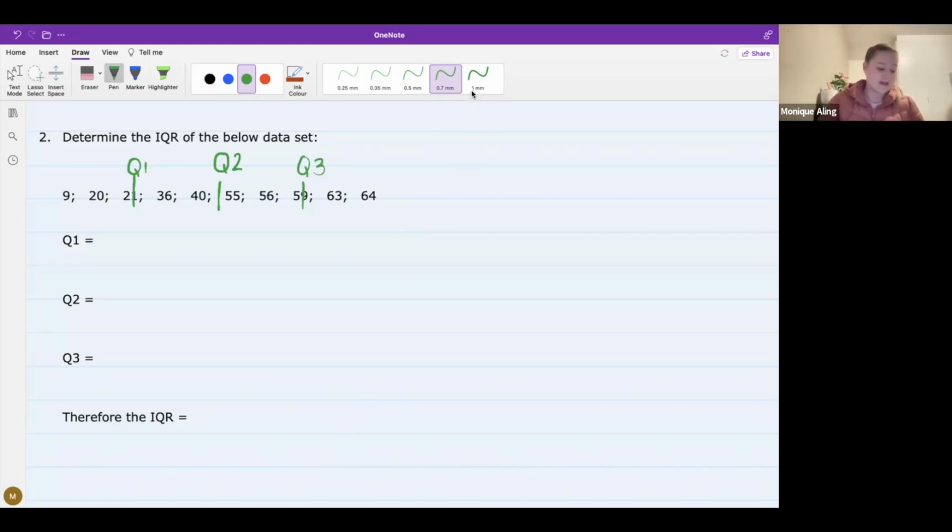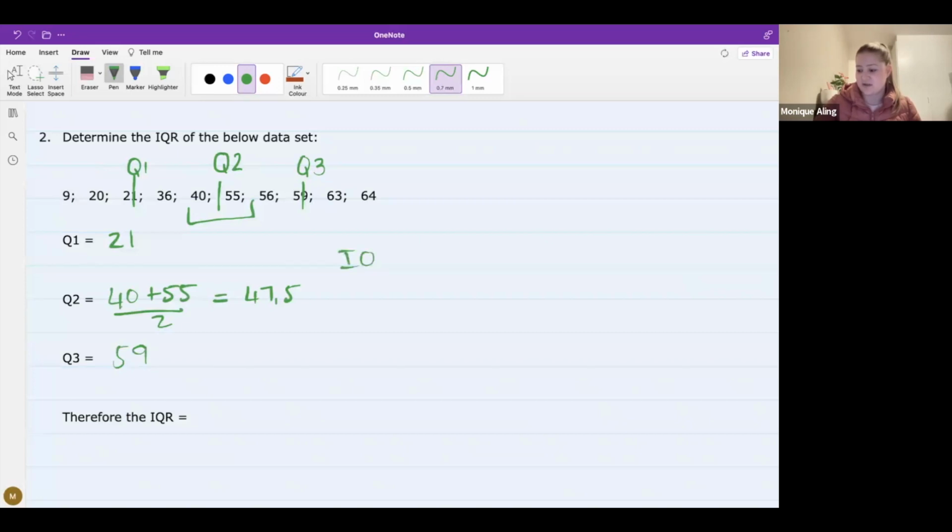Okay, so just quickly, quartile 1 is 21. Our quartile 2, there are two numbers in the middle, so we need to add them together, divide by 2, which gives you 47,5. Quartile 3 is 59.